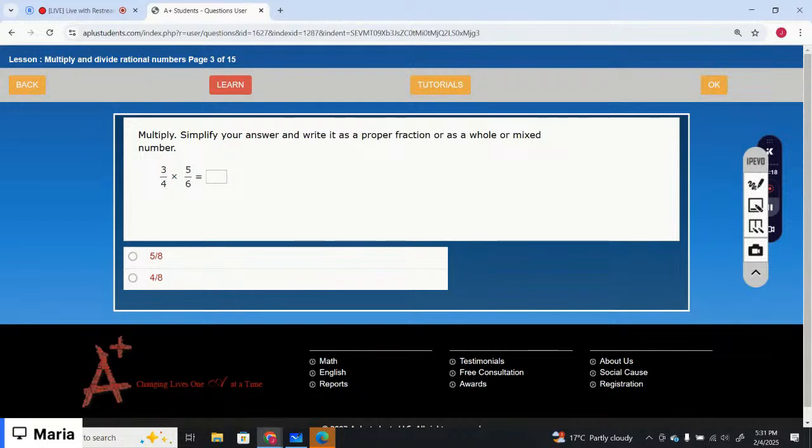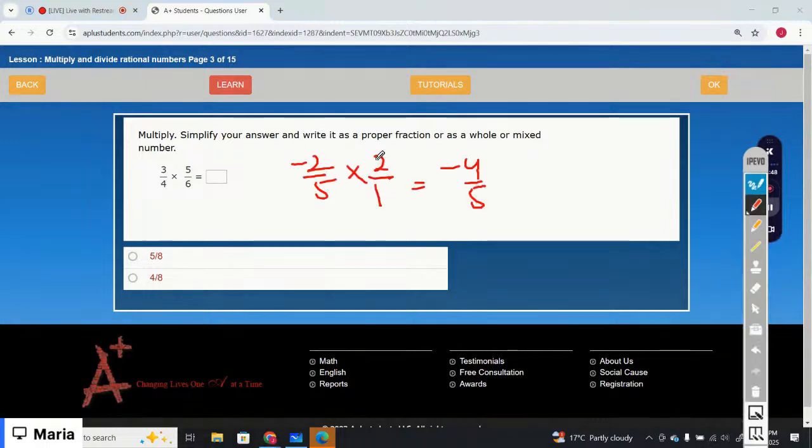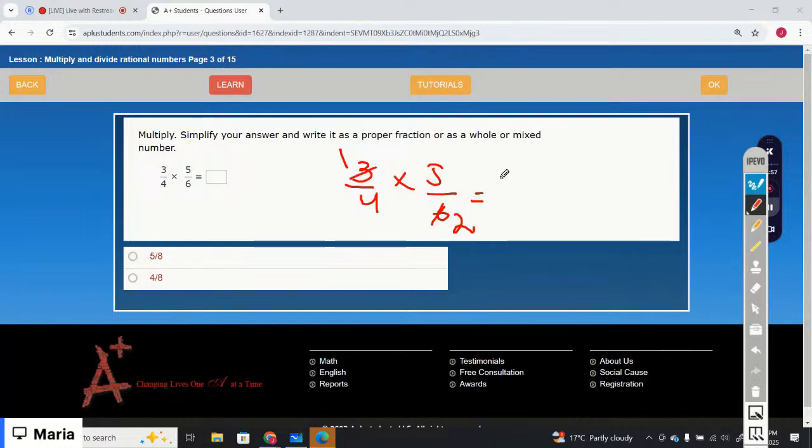Three by 4 times 5 by 6. So 3 by 4 times 6 over 5. 3 times 1 is 3 and 3 times 2 is 6. So 5 times 1 is 5 and 4 times 2 is 8.